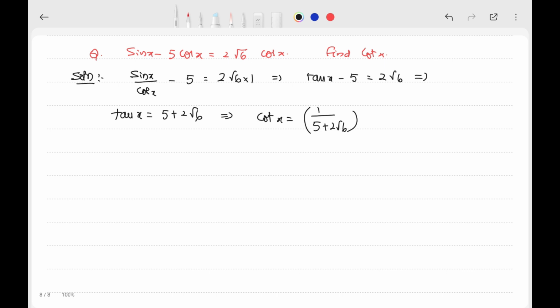Can we write another algebraic? Here you see, understand the algebra. a square minus b square is equal to (a minus b) into (a plus b). That we know. Okay?